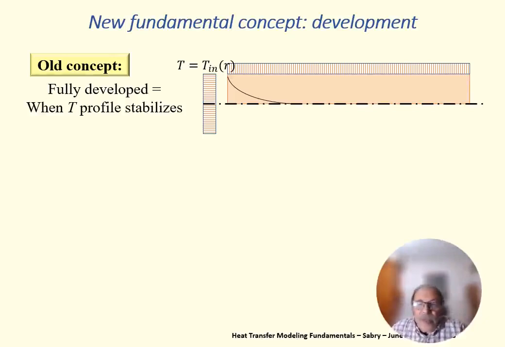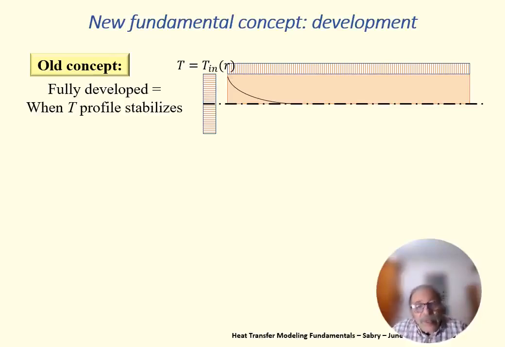And if I want to calculate, for example, the heat transfer coefficient, I will find that it is variable at the entrance, and then it becomes constant after a certain distance. We call this normally developing if the boundary layer is still growing, and developed if the boundary layer no longer grows.